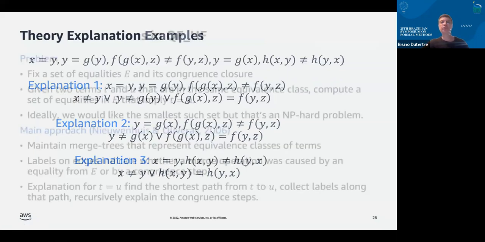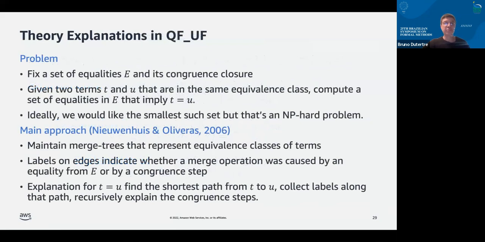Okay, so how do we compute these theory explanations? So the basic problem is, how do we explain why 2 terms are equivalent in the congruence closure? So essentially, that's the basic thing we have to do to generate theory explanations.